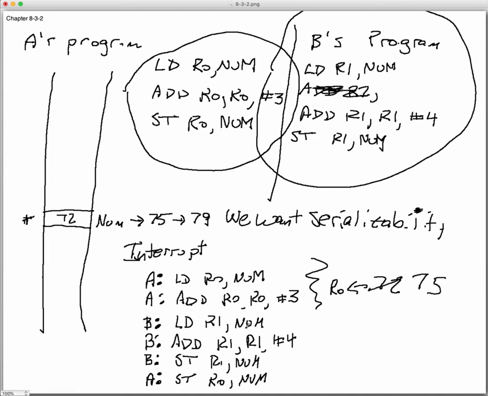But now over here, R1 is going to get a 72. And then we're going to add 4 to it. It's going to become a 76. And now num gets 76 written back to it. So num gets 76, and then I come over here, and now num is going to get 75.